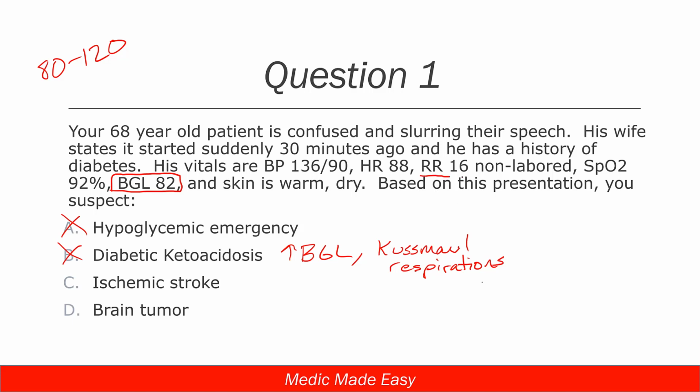Right? So we have a respiratory rate of 16. That's not fast. That's still a normal respiratory rate. So if we took this same question and gave them a blood sugar of 400 and a respiratory rate of 30 and deep, well, then diabetic ketoacidosis would be a phenomenal answer, right?